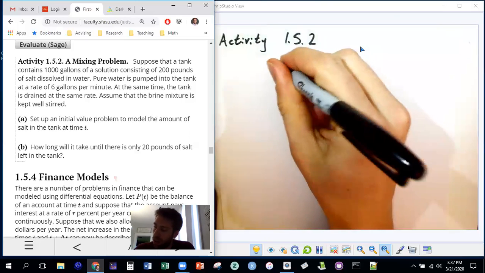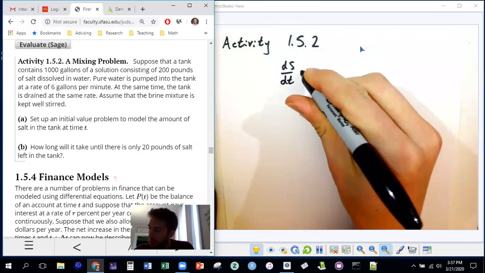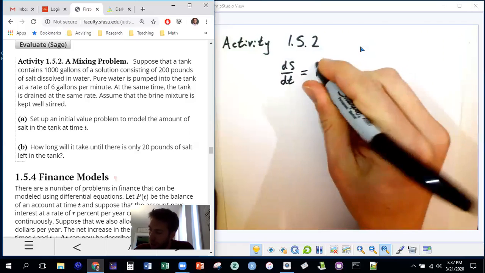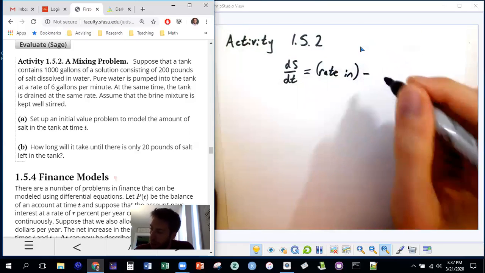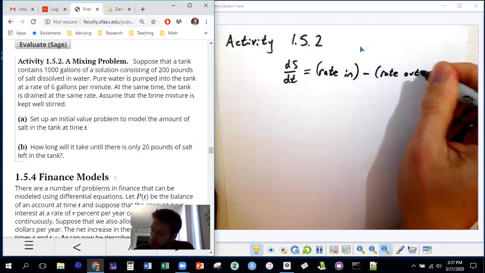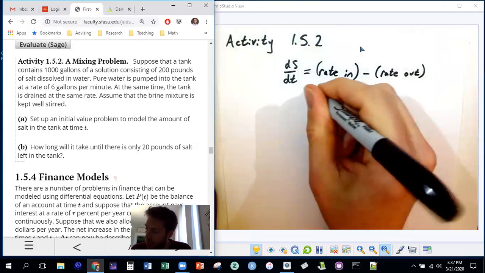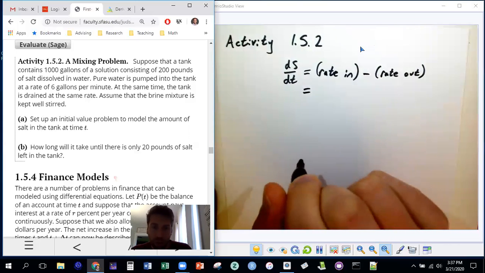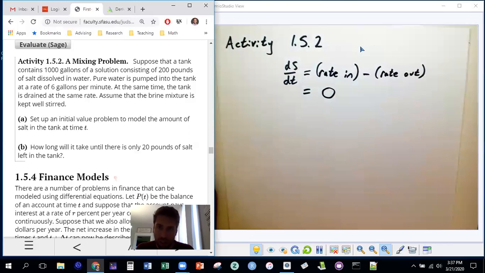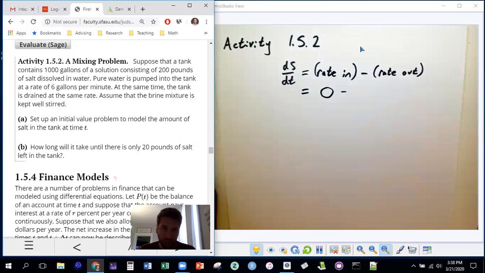Change in salt, so dS/dt, in these mixing problems, it's always equal to rate in minus rate out. The rate in is 0 because there's no salt in pure water.